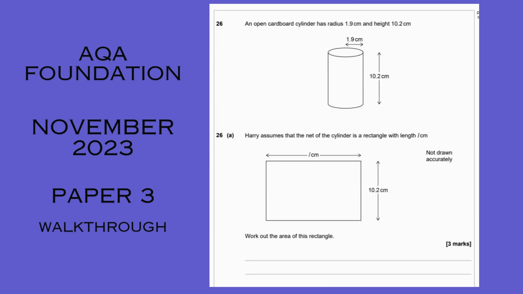Number 26. This length here is referring to this length here. And that length is the circumference of the open-ended cylinder. In other words, 2 times pi times r.